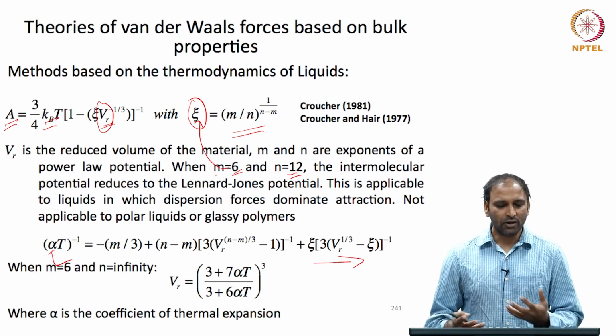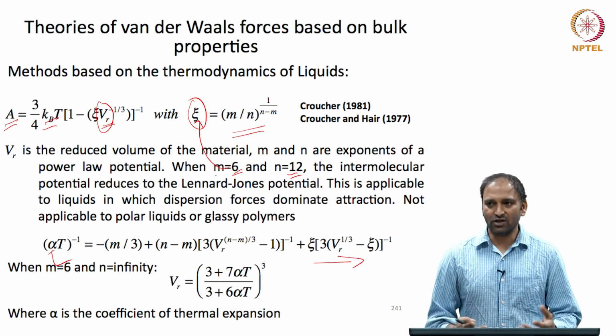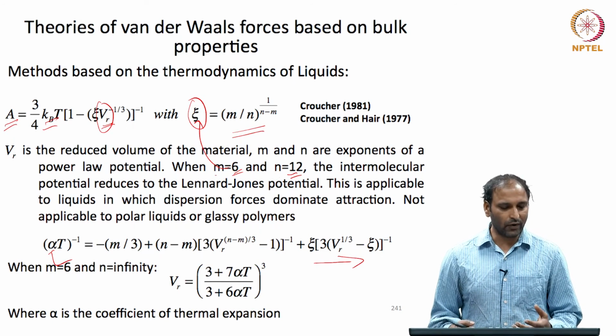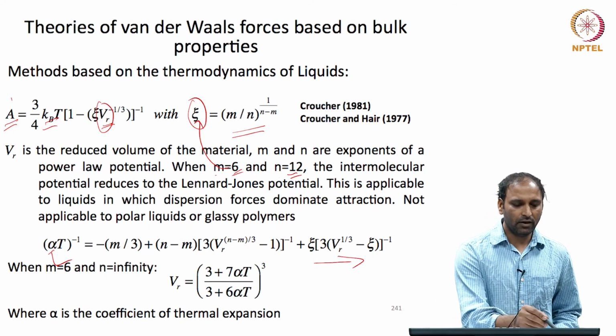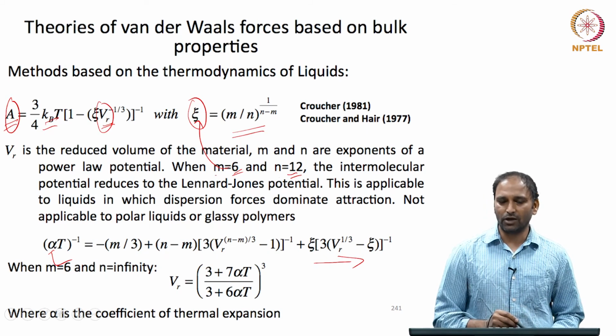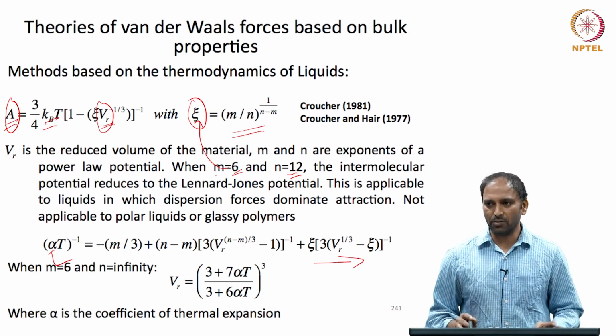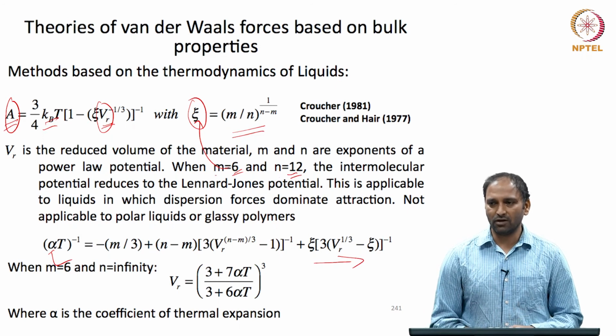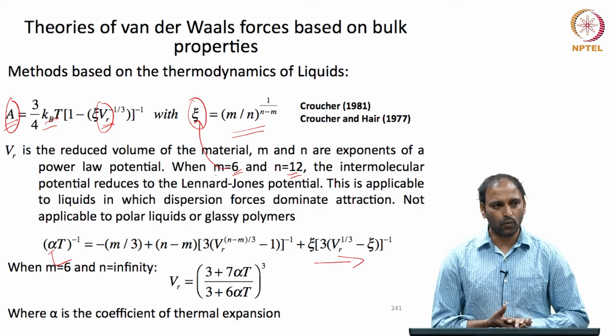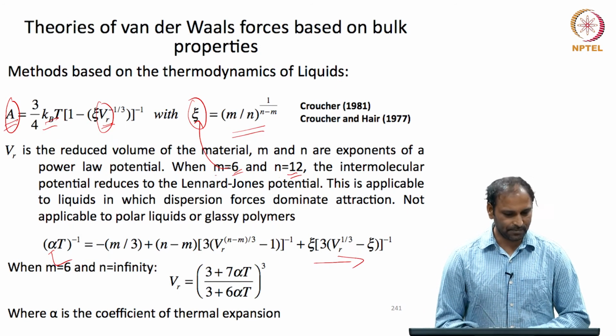So, you have to think a little bit about which is the best theory to apply. However, there are guidelines in the literature to look at appropriate theories to relate A to measurable quantities, and you should be able to pick that up and use them in your calculations to obtain the Hamaker constant. Okay.